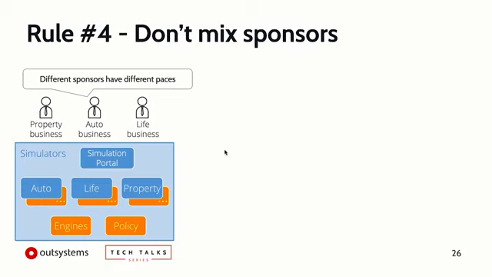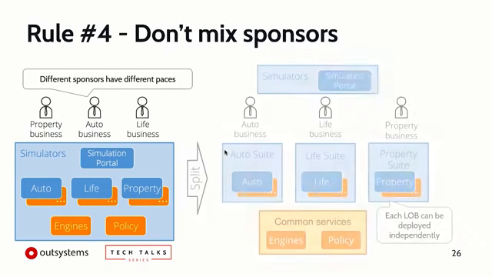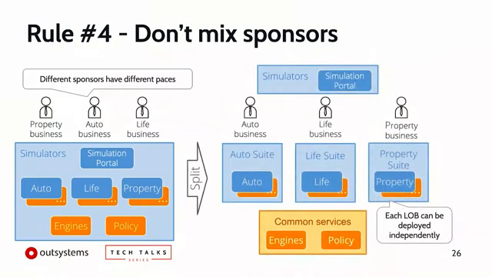So the slowest line of business will dictate the release cycle. By creating independent applications per line of business, each one can determine the pace of its own deliverables. And of course, now you identify whatever is common that needs to be governed together. And in this example, there's an extra end-user application that will probably belong to a different sponsor, like a marketing department.